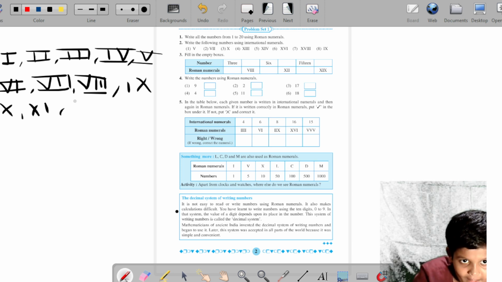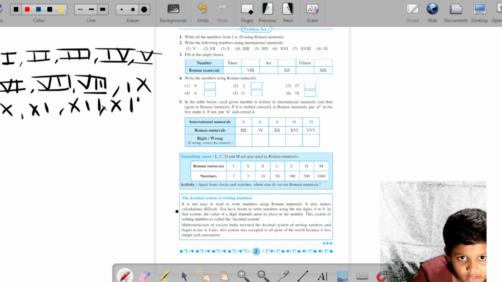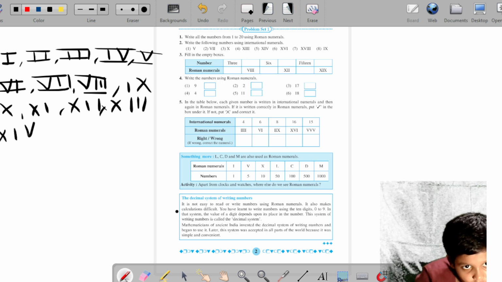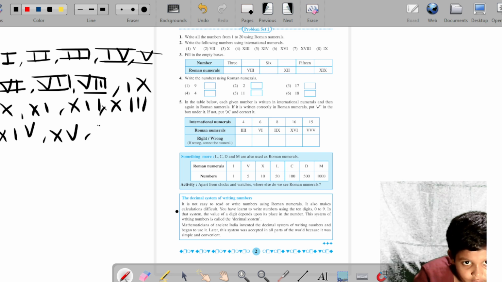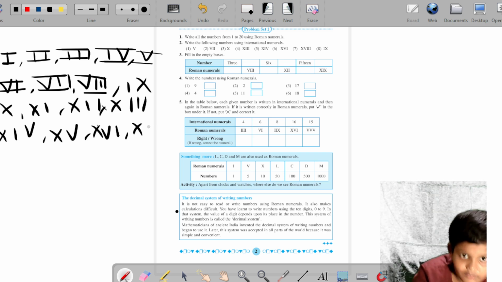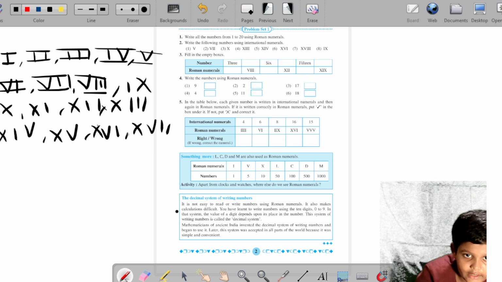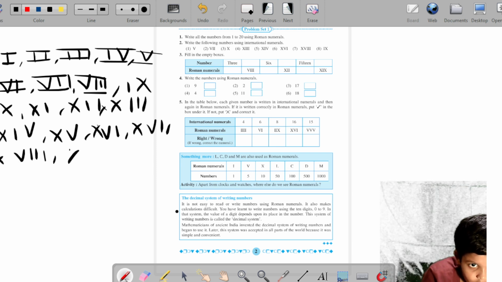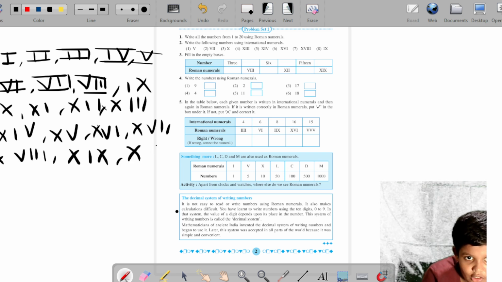11, 12, 13, 14, 15, 16, 17, 18, 19 and this one 20.